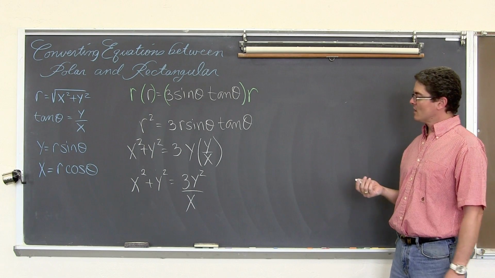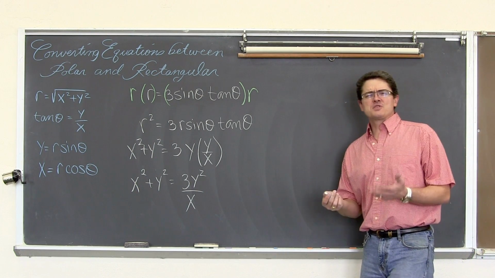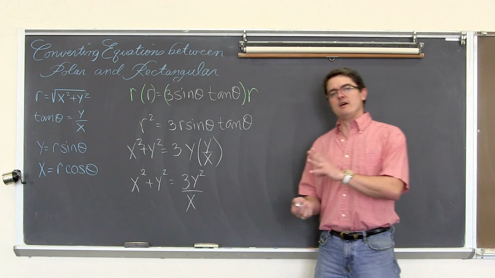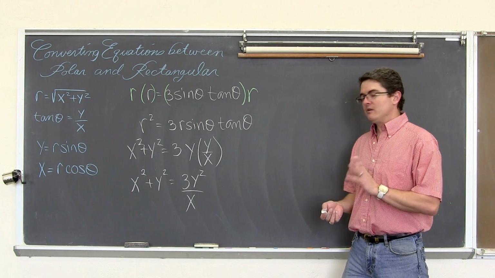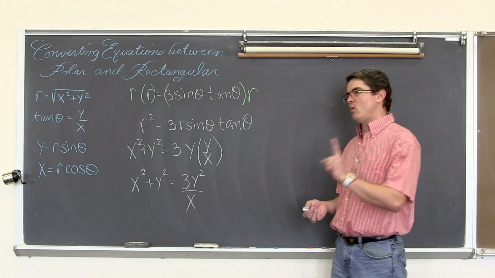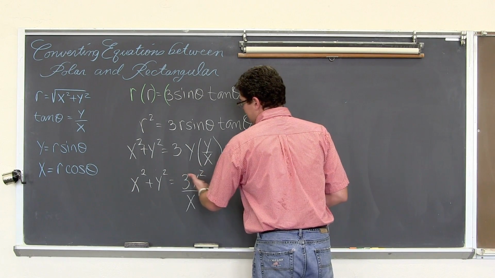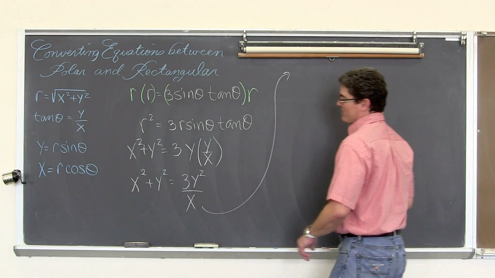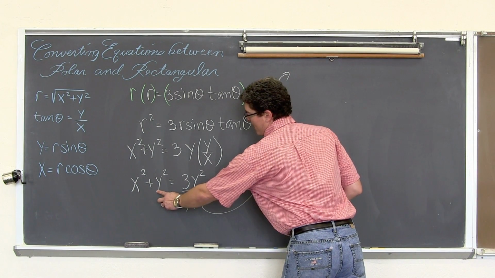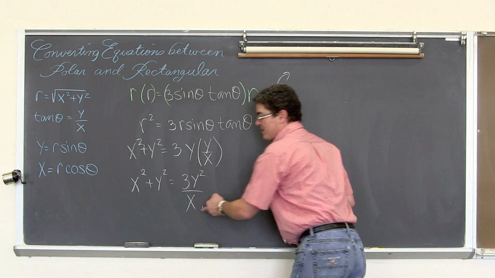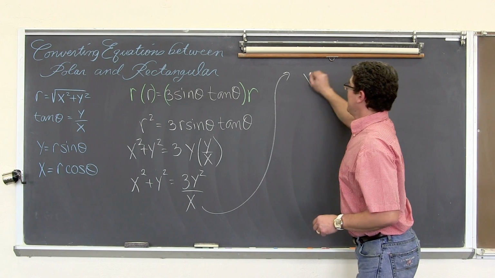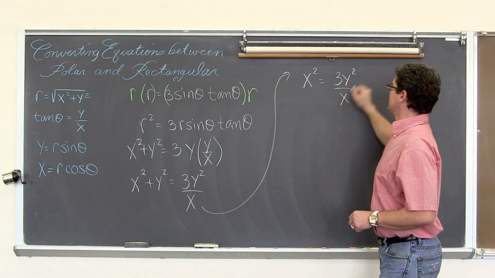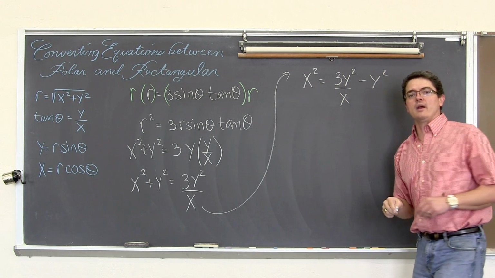3y squared over x. And now, if for some reason I needed to write y in terms of x, in other words, the y values need to be alone, well, if I want to write this equation to only have one y value, then I've got to get those two y terms on the same side. So I'm going to bring this y squared over, which is positive, with subtraction and say x squared is equal to 3y squared over x minus y squared.